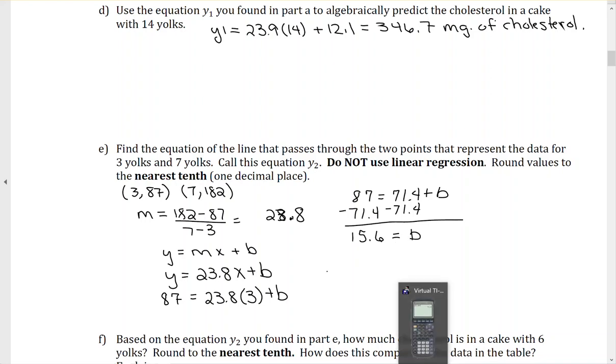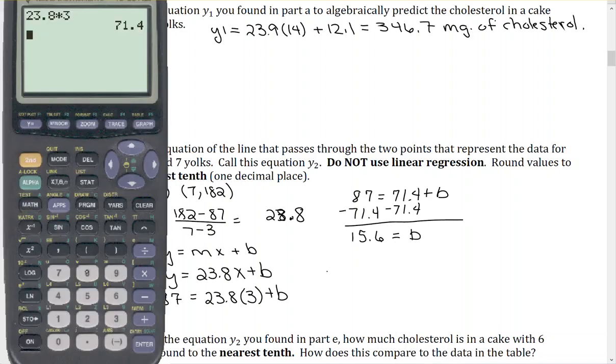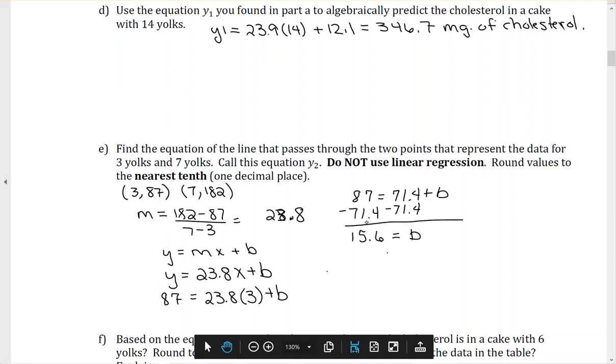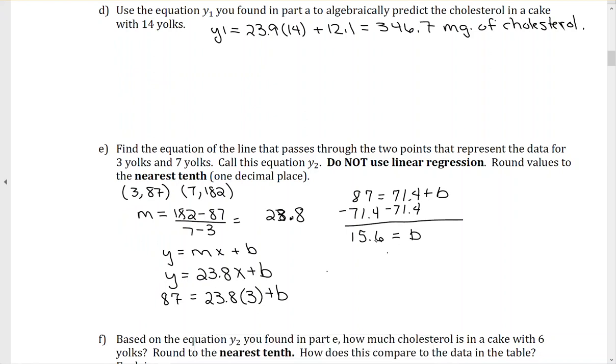Let's just check that. Go back in here. I've got 87 minus, and the 71.4 is already on the screen, so I can just do second and then the answer from above, and it'll just paste it. It was 15.6. Again, I haven't answered the question yet because I need the equation.